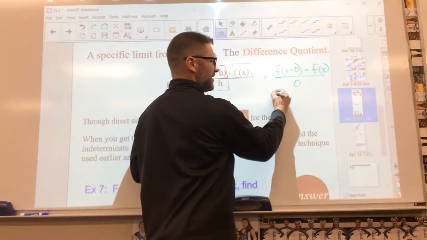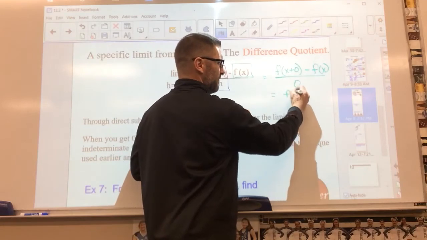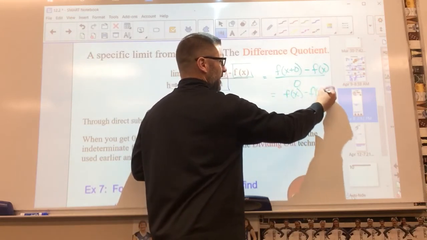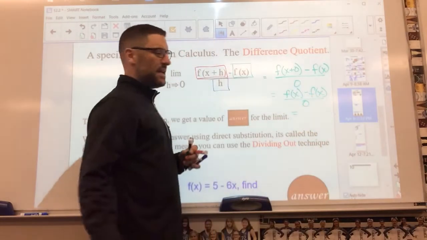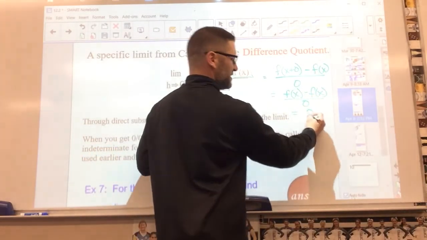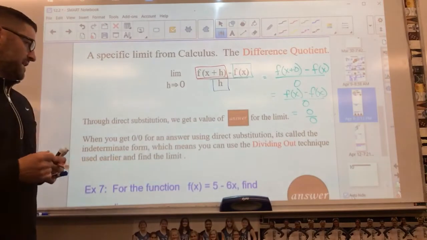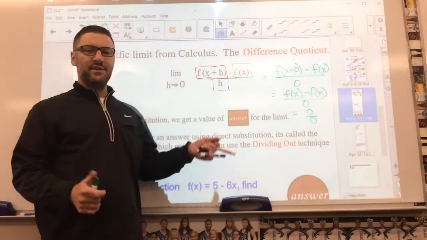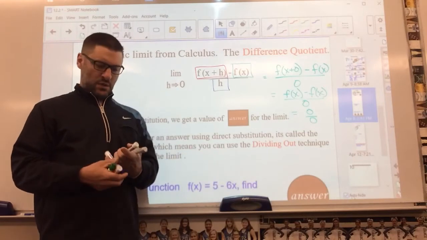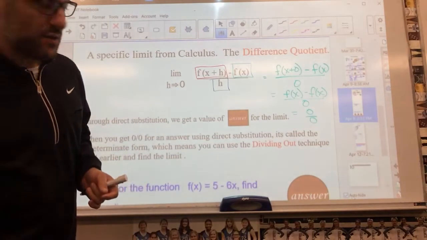Well, the top is really f of x plus 0 is f of x minus f of x all over 0. F of x minus f of x is 0 over 0. And it says, through direct substitution, we get an answer of 0 over 0, which we know we can't do.